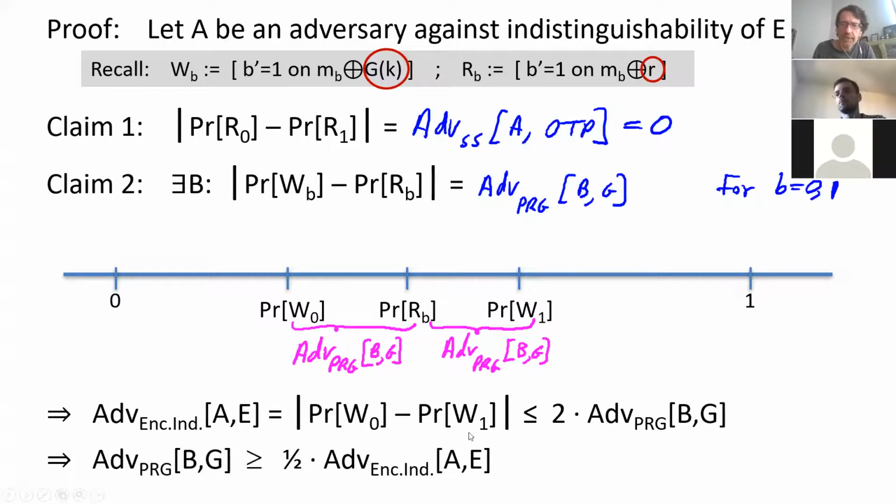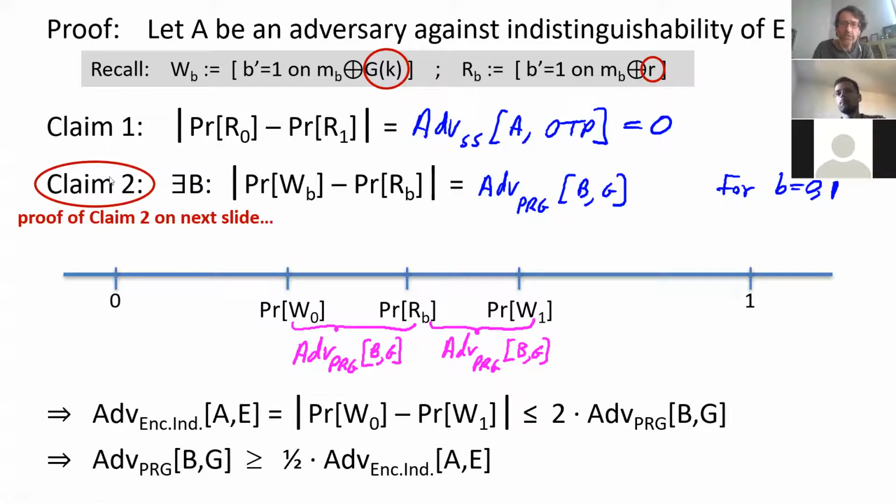And so it would violate that G was a secure PRG. Whether you see it as a contrapositive or as a direct argument, you can see it either way, right? Contrapositive and direct arguments are indeed equivalent. But anyway, I'm just going to develop the contrapositive.